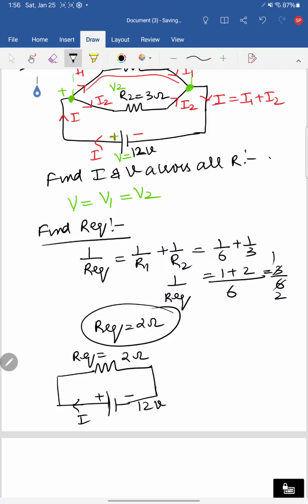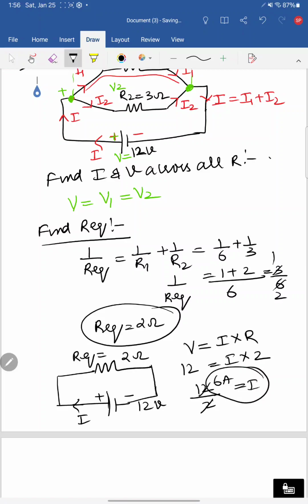Right? That's the circuit. So as per Ohm's law, V is equal to I into R. So total V is 12. Total R equivalent is 2. So what's the value of current here? It came out to be 6 ampere. That's the value of total I. Right? So total I is 6 ampere, and that was the only way I wanted to tell what is the value of total current.